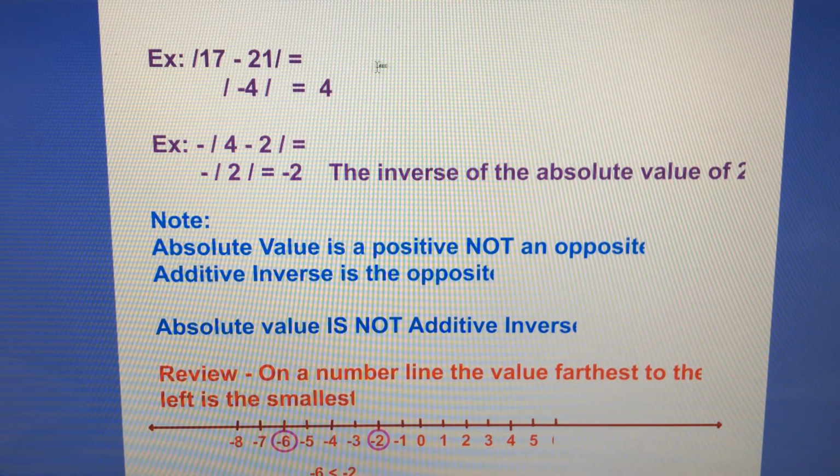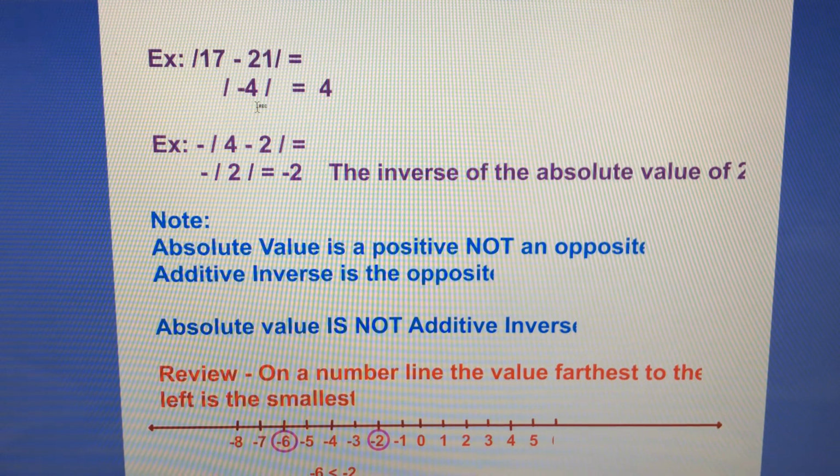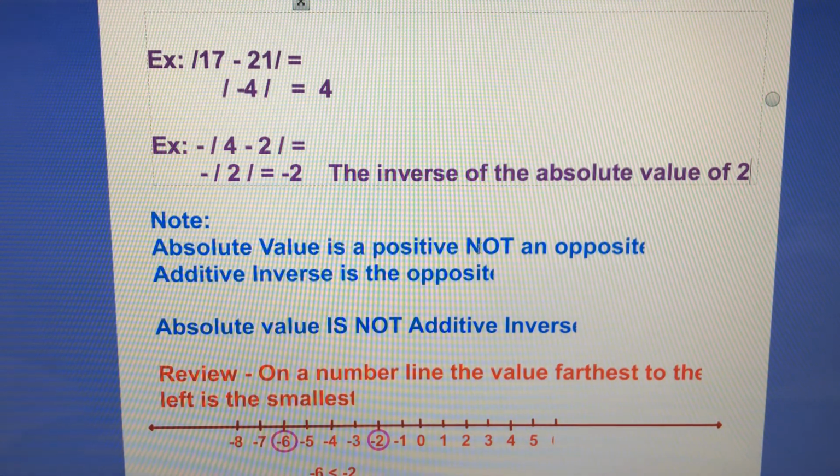If I have an expression inside my absolute value bars, I need to solve that expression first before I get a final answer. 17 minus 21 is negative 4. Absolute value of negative 4, positive 4. Remember, our answers are positive unless there's an inverse sign in front of the absolute value bars. The absolute value itself is positive too, but then I create its inverse while I'm doing it.